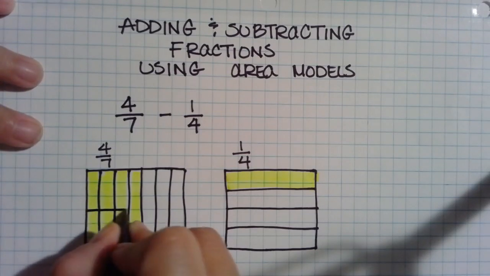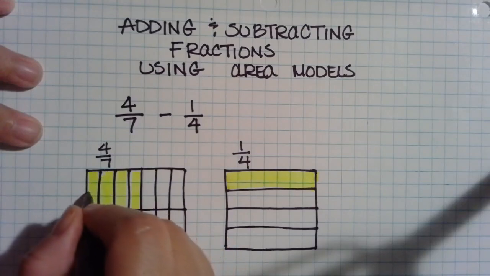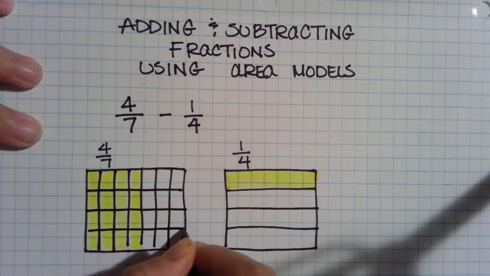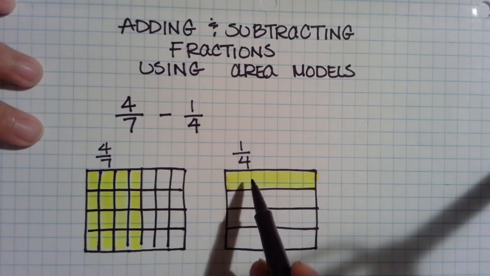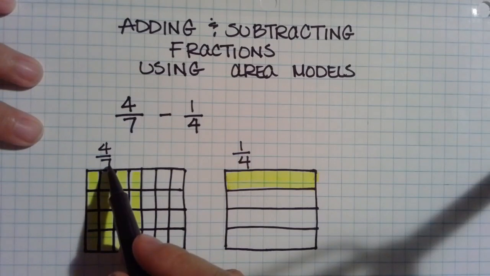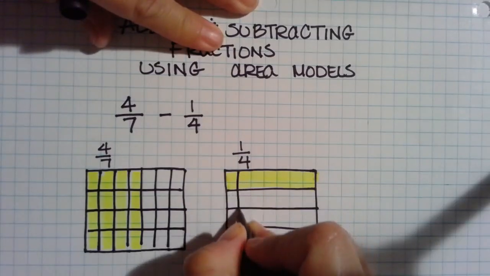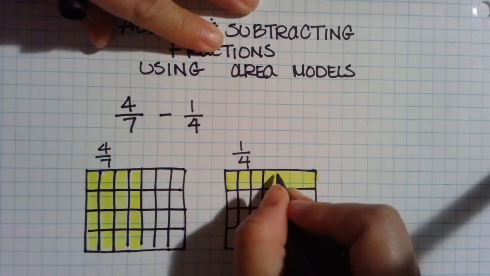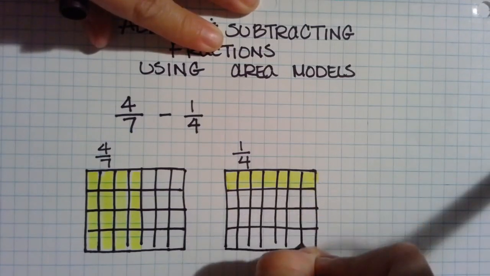I'm going to do my lines going horizontally, and I'm going to do fourths going that way. Okay, and now same thing over here for the box with the fourths. I'm going to now divide them into 7ths, but going vertically. 1, 2, 3, 4, 5, 6, and 7.